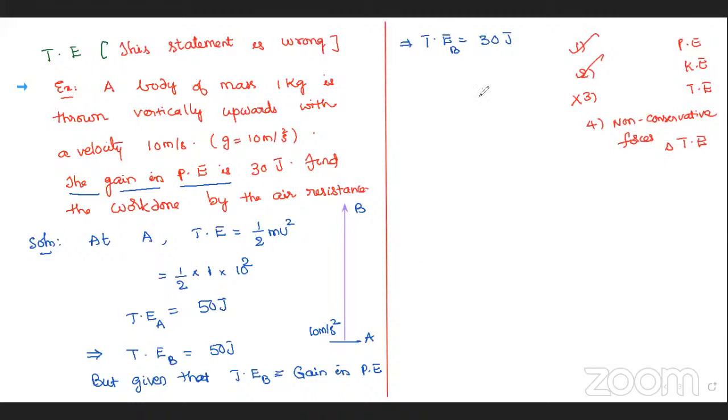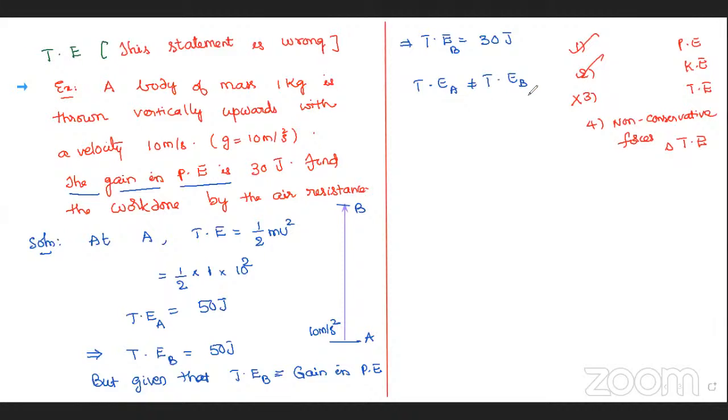Means, does it violate the law of conservation of energy? Total energy at A is 50. Instead of getting 50, I got 30. Means what you are saying, sir? Total energy at A is not equal to total energy at B?